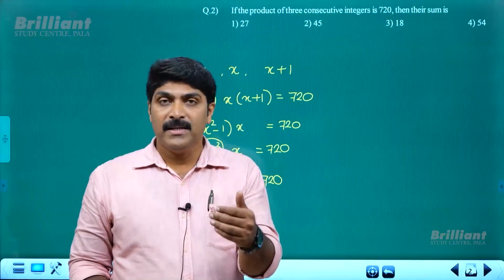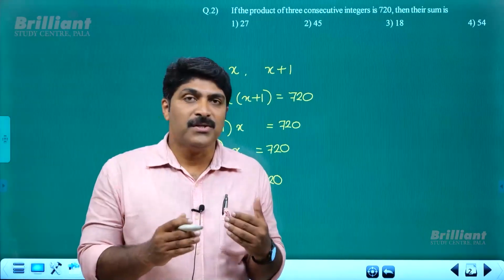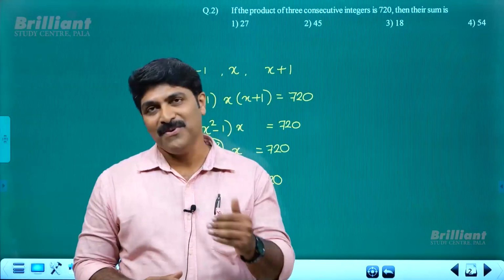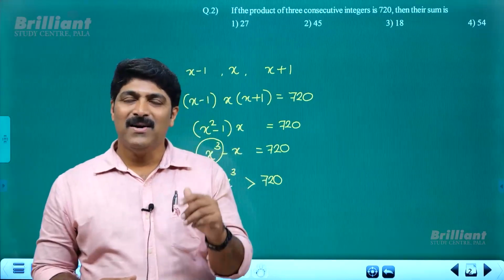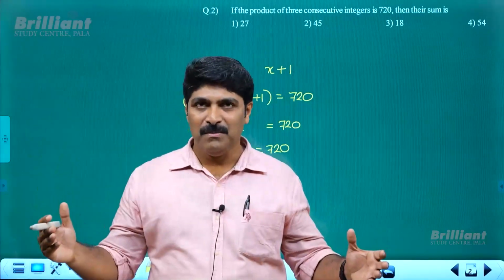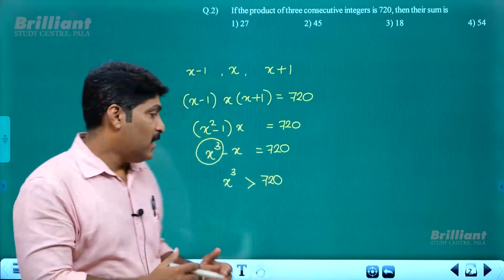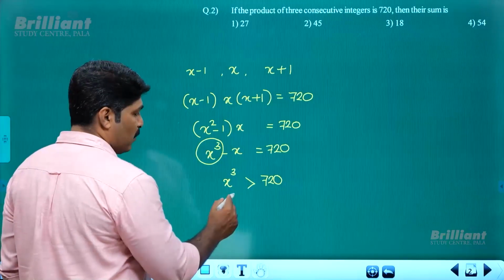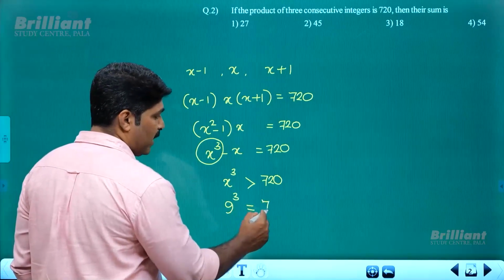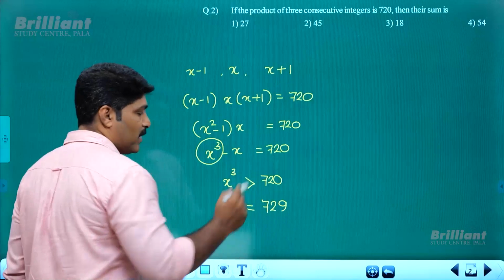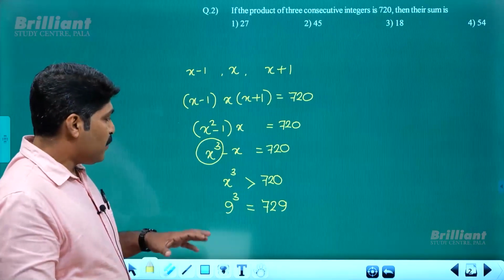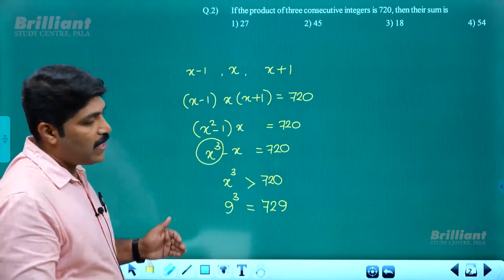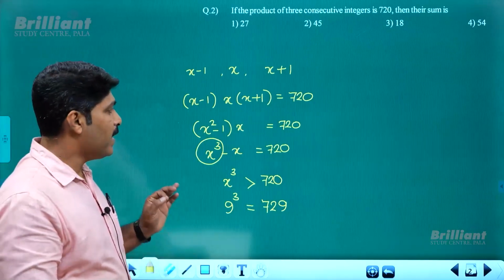Here we are connecting this testing point to your numerical proficiency. Recall from the list of perfect cubes which cube is immediately greater than 720. We know that it is 9 cube. What is 9 cube? 9 cube is equal to 729. So we are testing whether x equal to 9 is a suitable conclusion.